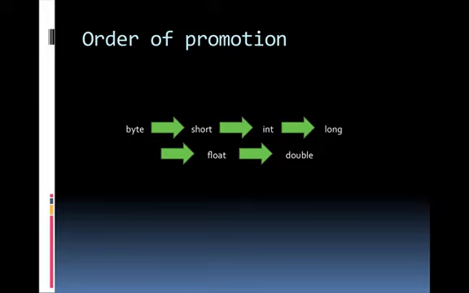Same thing with a float to a double. While they're both decimal numbers, the float is the smaller, less precise value. The double is the larger, more precise value. So the float will be promoted up to the double. This gets a little bit confusing.